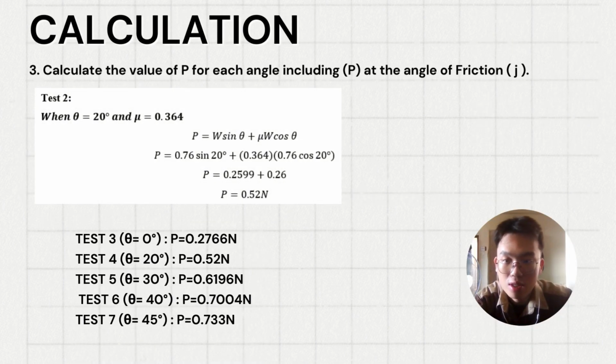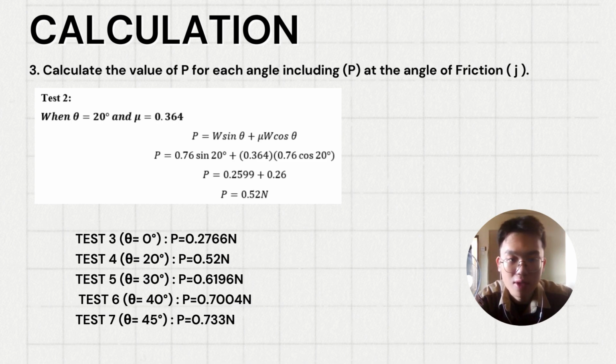For the third question, we are required to calculate the value of P for each angle, including the P at the angle of friction. So for example, for test 2, when the angle is 20 degree and mu is equal to 0.364, we will use the formula of P equal to W sin theta plus mu W cos theta to find P and is equal to 0.52 Newton.